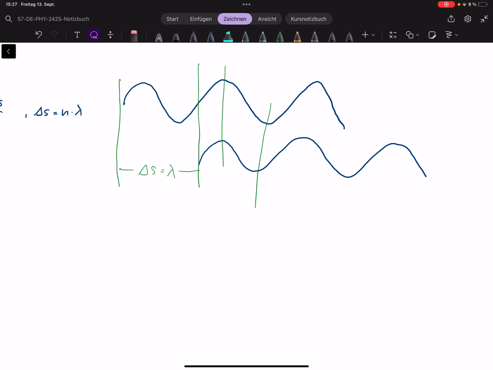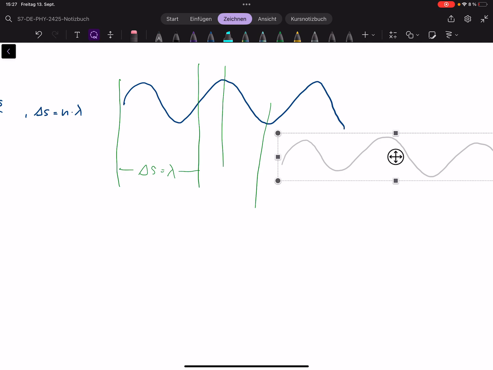And if we do it again, shift it again by lambda, we've got delta S is 2 times lambda, and again we see that the crests lie on top of each other.